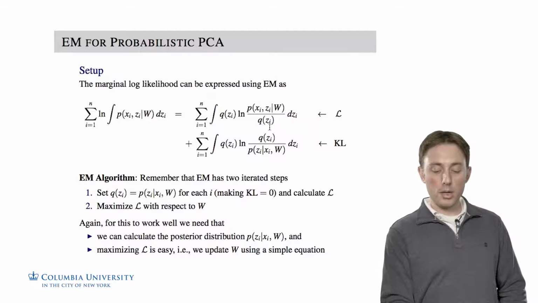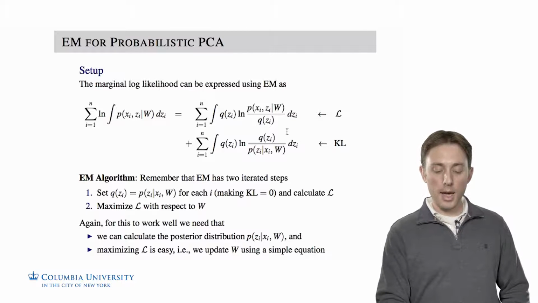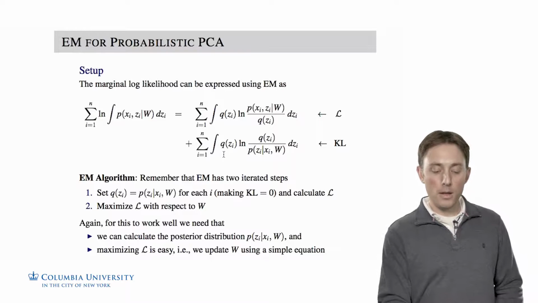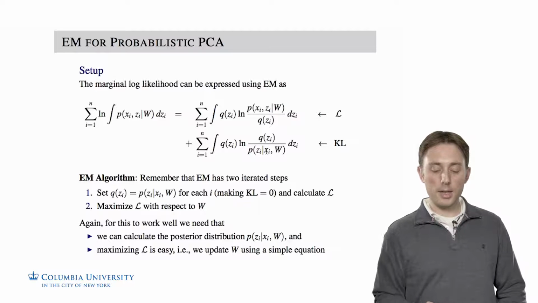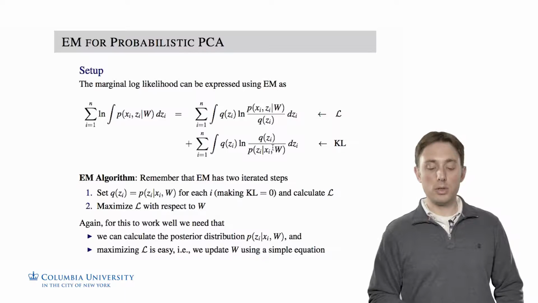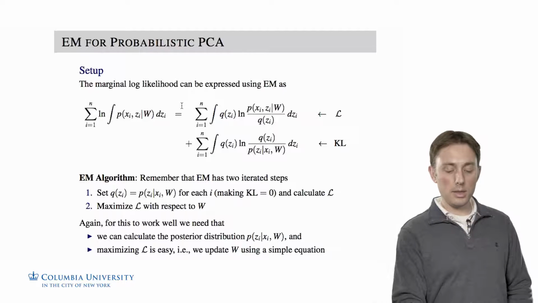So this is what we've been calling L. And in the second line, I add to it the Kullback-Leibler divergence of the Q distribution on Zi and the conditional posterior distribution of Zi given the data point Xi and given the matrix W. So the sum of these two things is equal to this left-hand side.